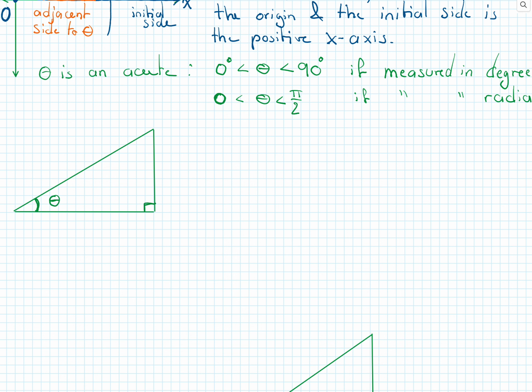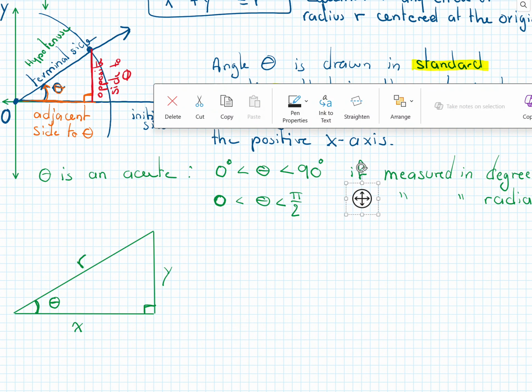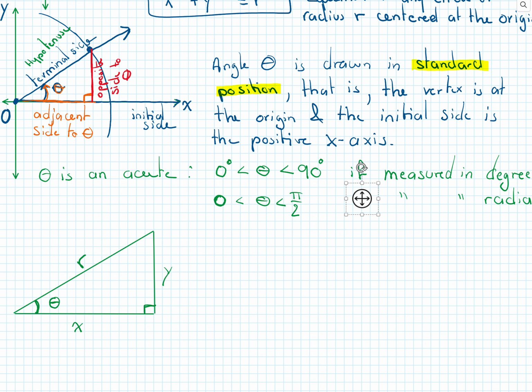This here will be my side X, the leg X, and this is the leg Y, and this will be the radius, right? Because remember, my terminal side is going to be between the origin and the point on the circumference. Therefore, this would be the radius, so I'm going to call it R.